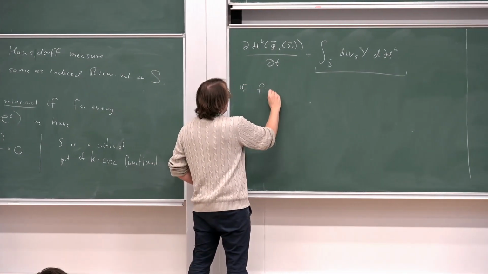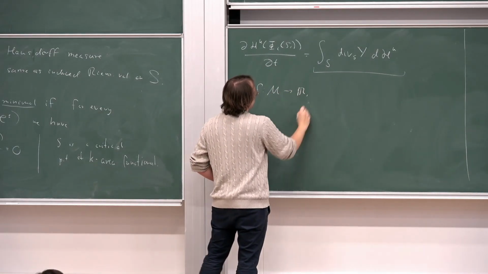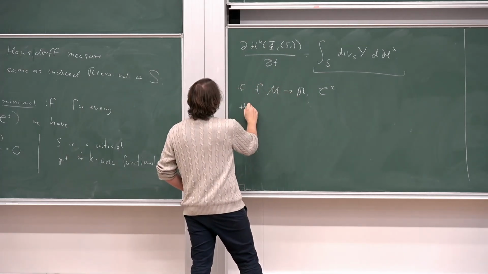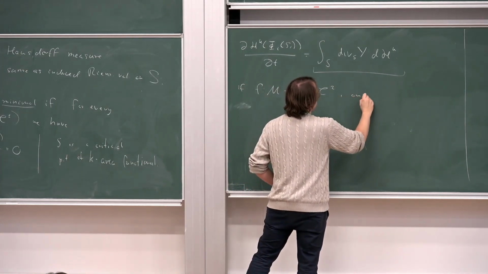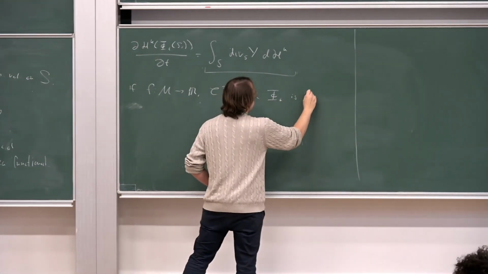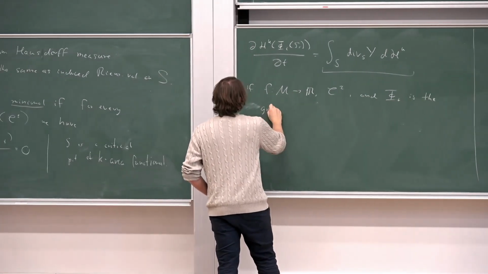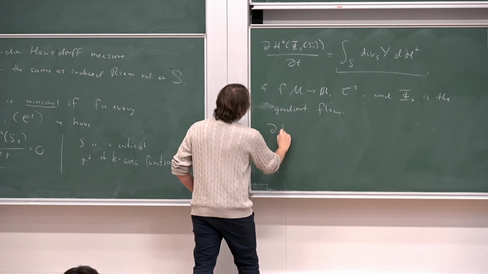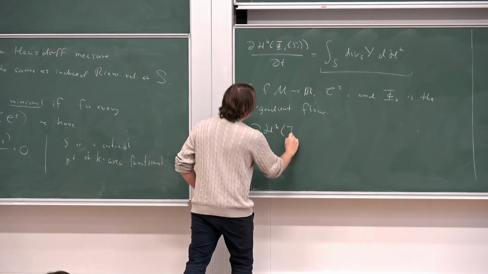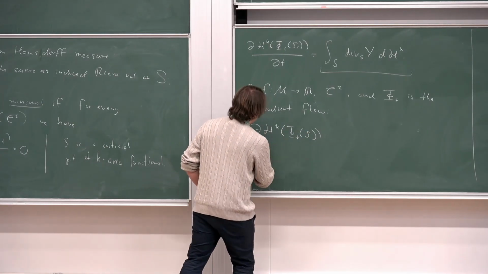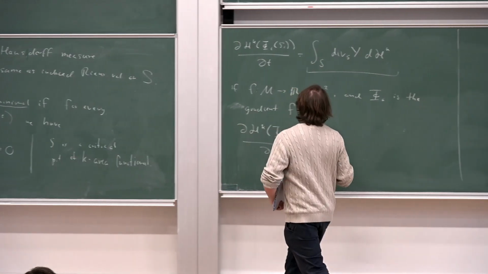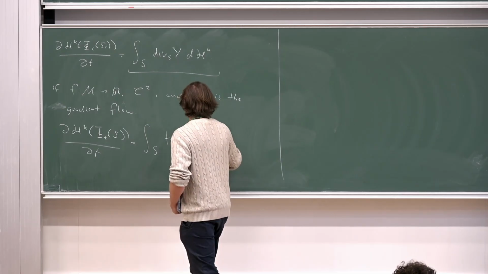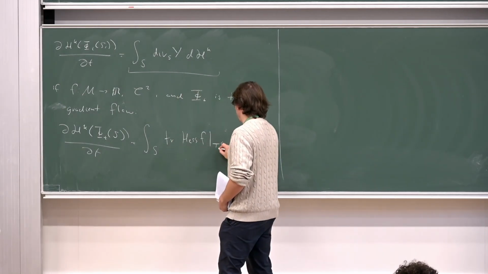So if f is a C2 function from M to R, and phi t is the gradient flow, then I can rewrite this first variation of the K area as follows. This is just the integral over S of the trace of the Hessian of f restricted to the tangent space of S.